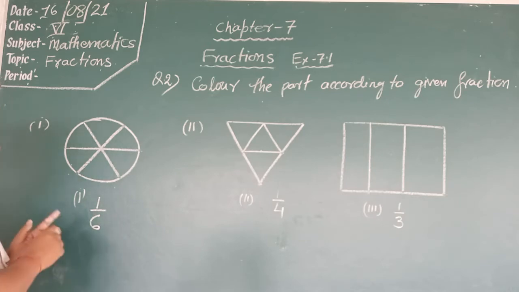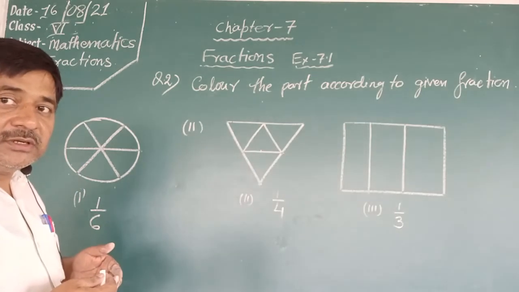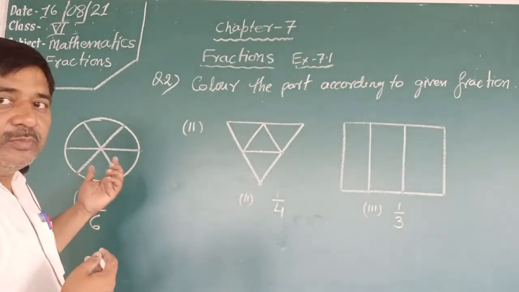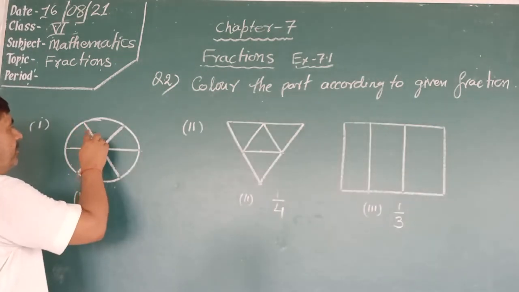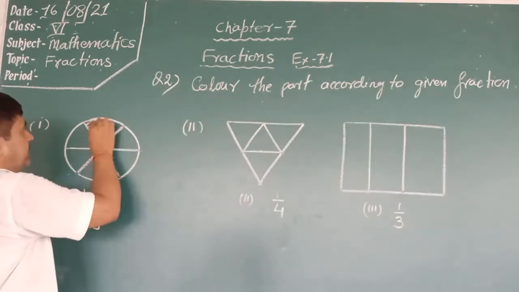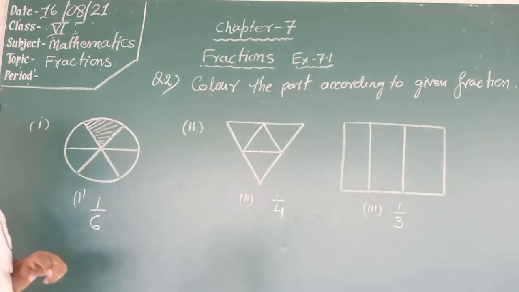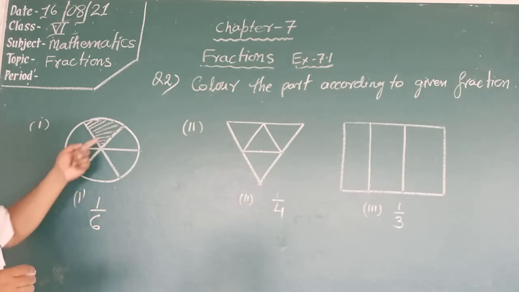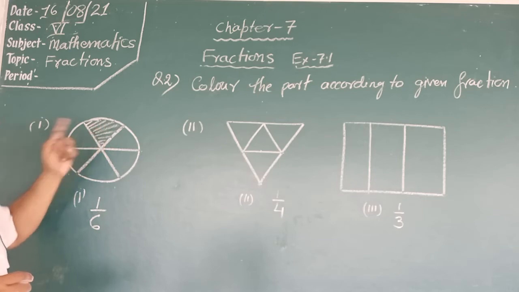So in the 6 parts, 1 should be colored, shaded. Okay, in the numerator is given the number 1, so 1 part should be shaded.